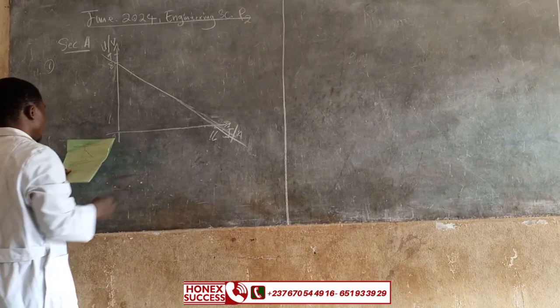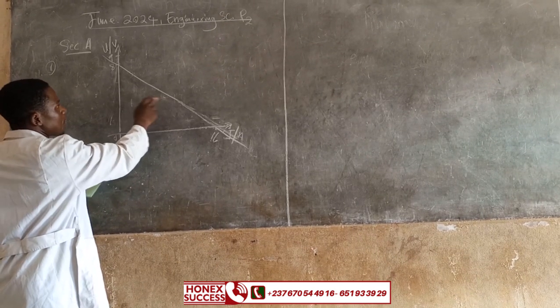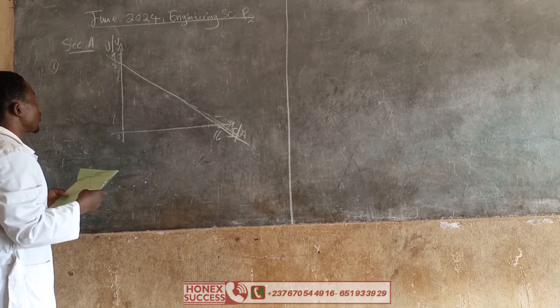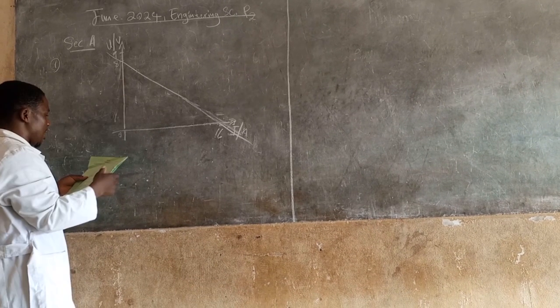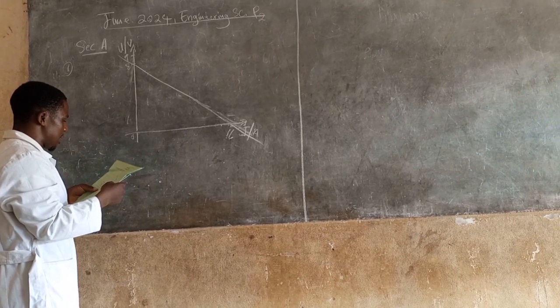Now these points are plotted on this graph, and the graph is drawn as you see there.